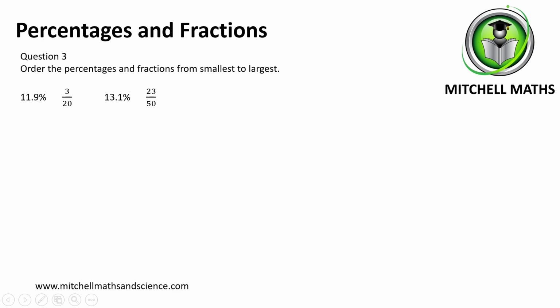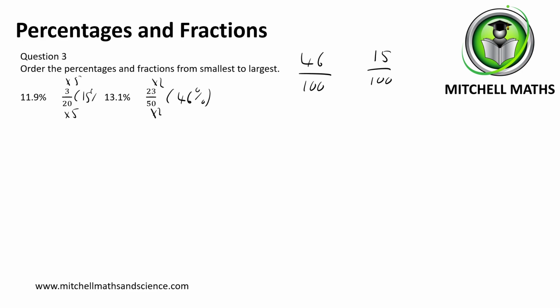So if I want to write 23 over 50 as over 100, I'm going to need to times top and bottom by 2, which will give me 46 over 100. That means it's 46%. I'm going to write 3 over 20 over 100, which I'd need to times the top and bottom by 5 in order to do that, which will give me 15 over 100, so it's 15%.